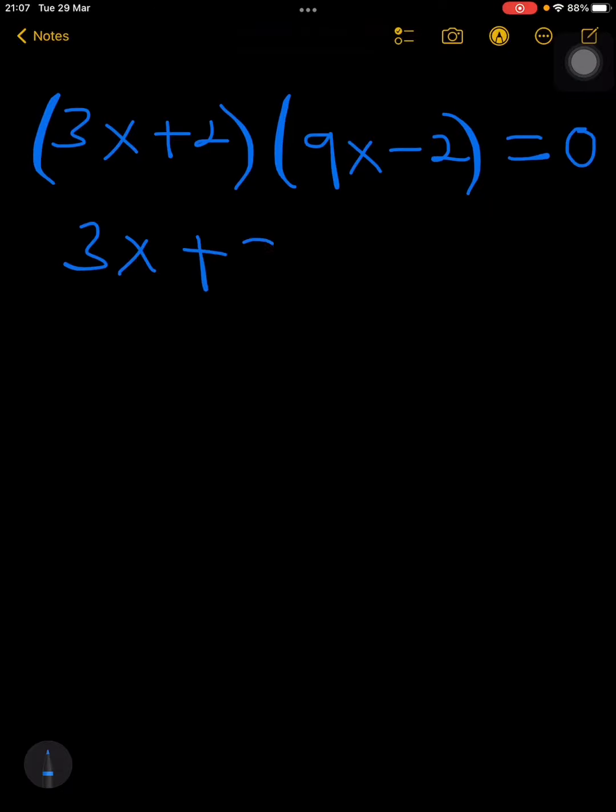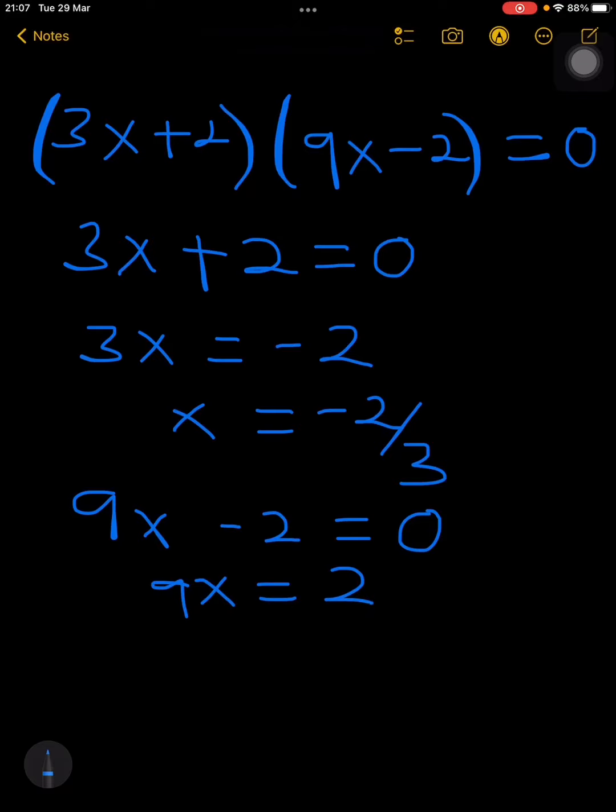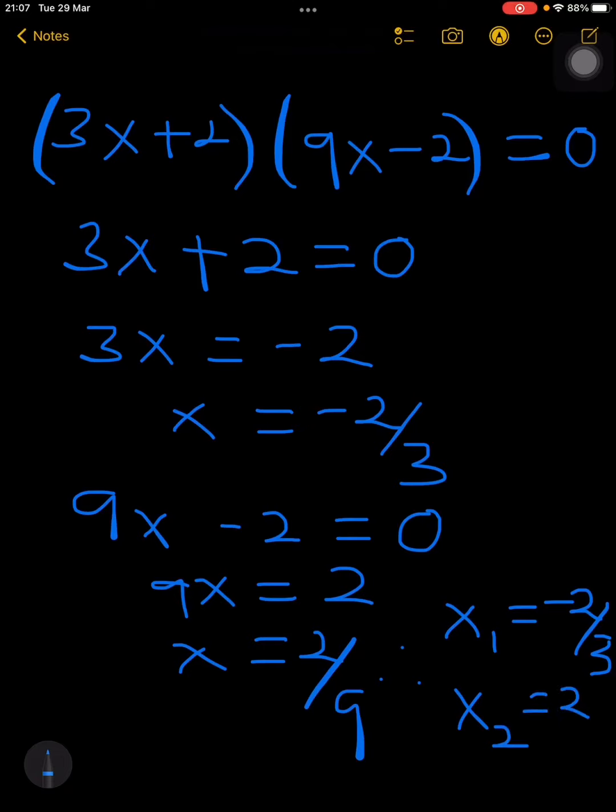So to get the value of x1, 3x is equals to negative 2 and x is equals to negative 2 over 3. The other one is 9x minus 2 is equals to 0. 9x is equals to 2. X is equals to 2 over 9. Therefore, x1 is equals to negative 2 over 3, while x2 is equals to 2 over 9. And you are done.